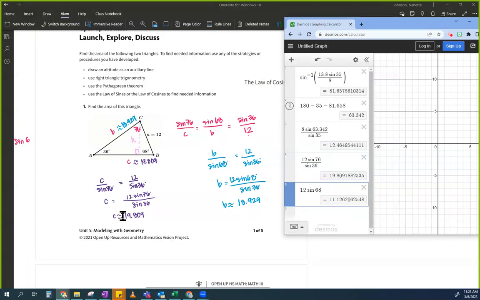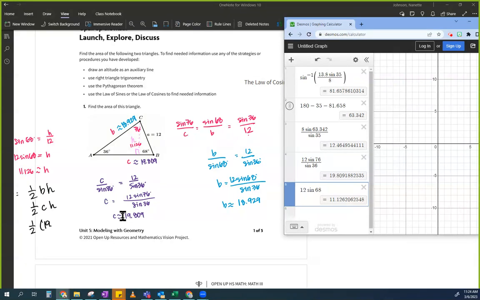So area equals, and this is what I'm going to put in black. Area equals half times base times height. Right? So in this case, it's half times C times H. And so that's equal to half times 19.809 times what we just found.